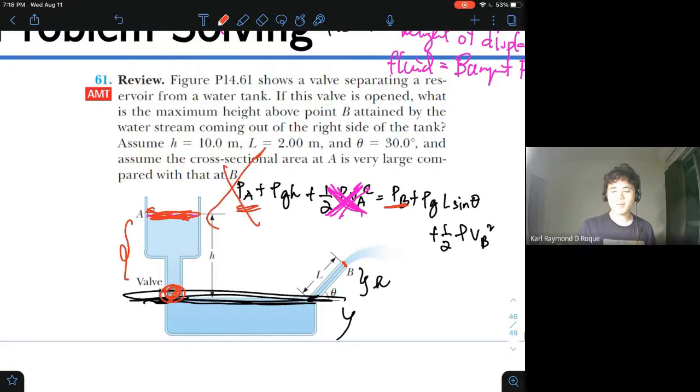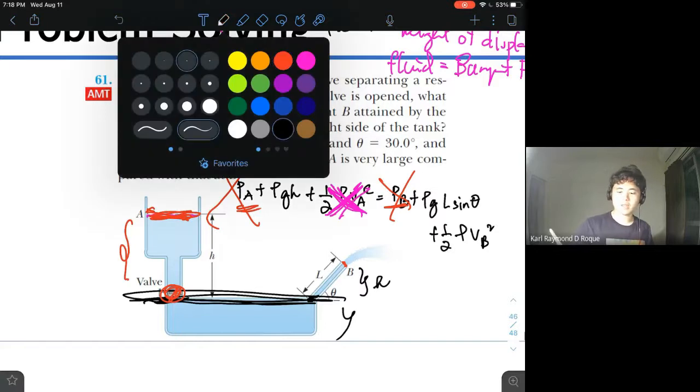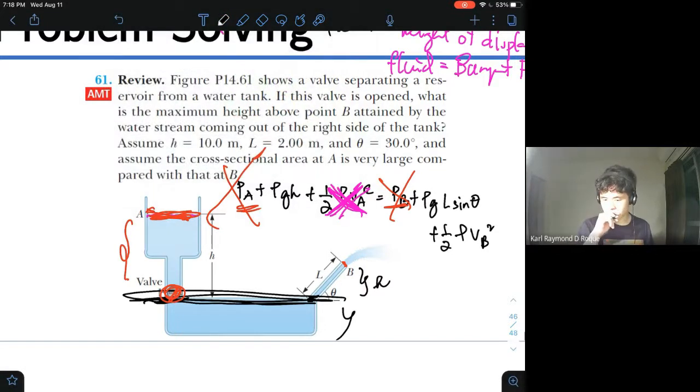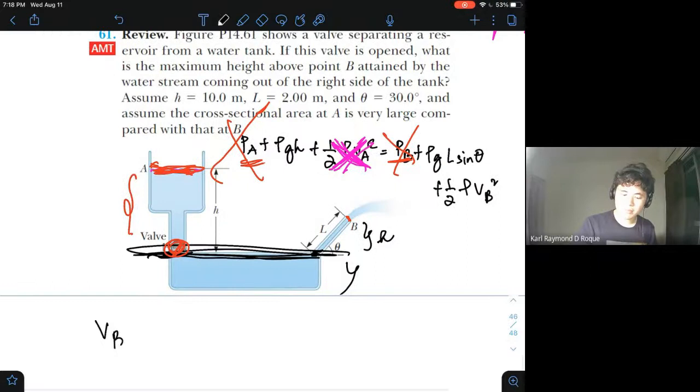Wala na yan. Bakit? Kasi equal atmospheric pressure pareho. Right? Atmospheric pressure siya pareho. So, what do we do next? Solve. Hindi ako magpa-plug in, no? Pag sinolve natin yung equation, we'll get this.